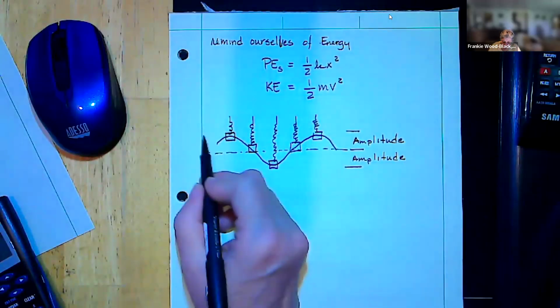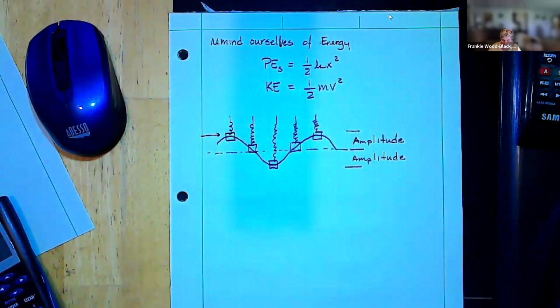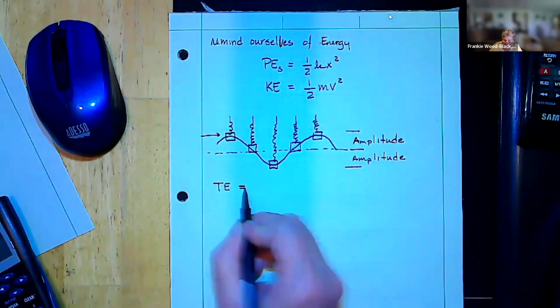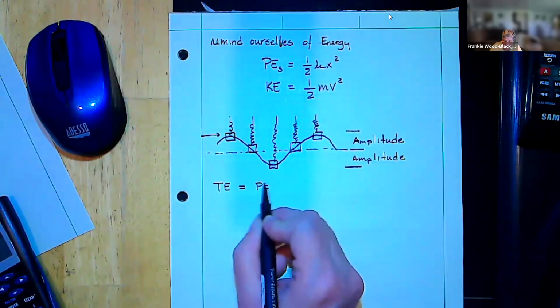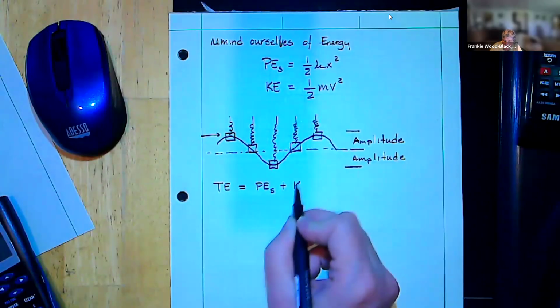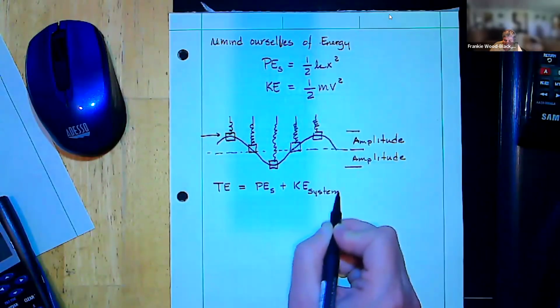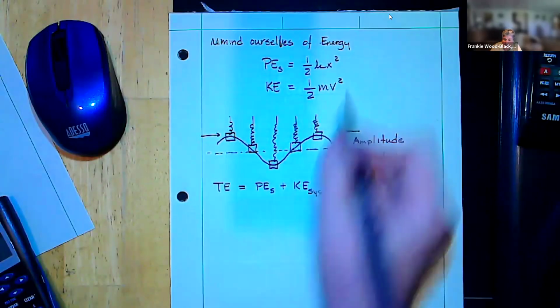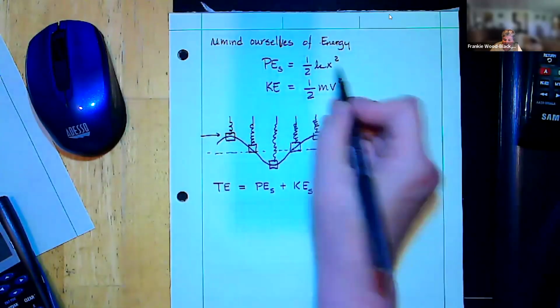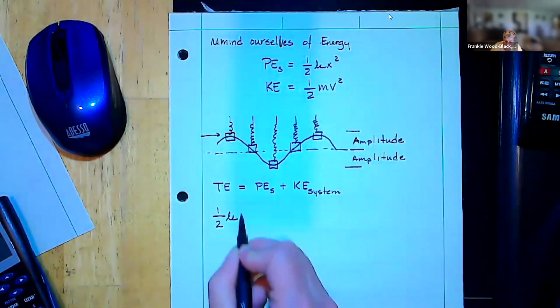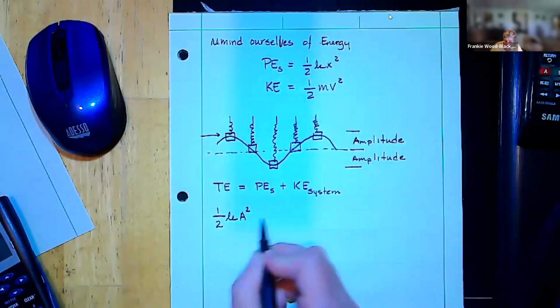Now, if I look at the total energy, the total energy of the system is going to be the potential energy of the spring plus the kinetic energy of the system. At this stretch, which is my amplitude, my total energy of my system is going to be this right here.